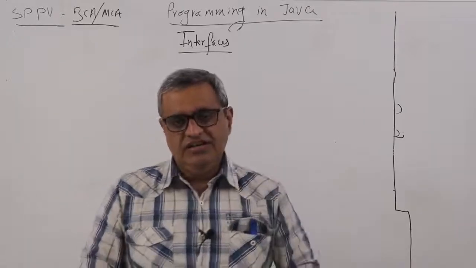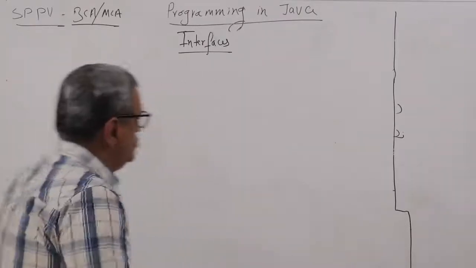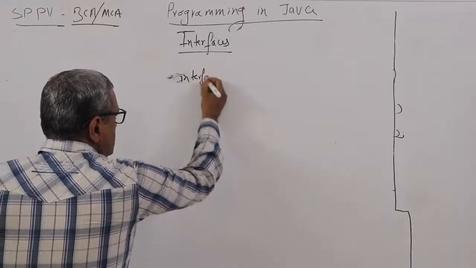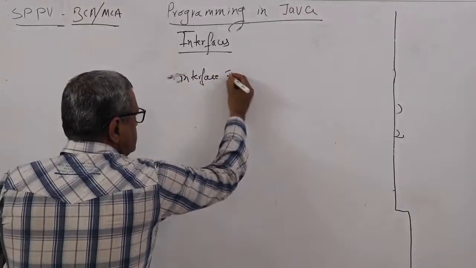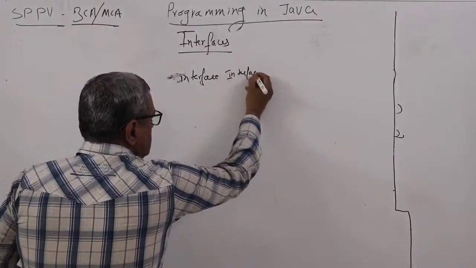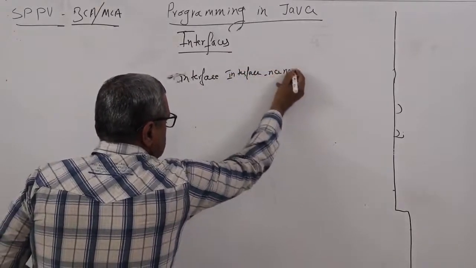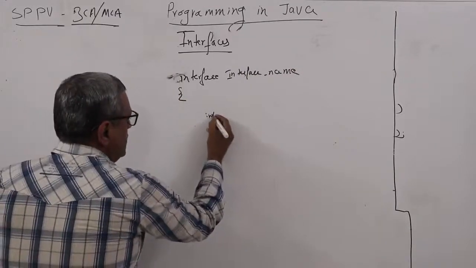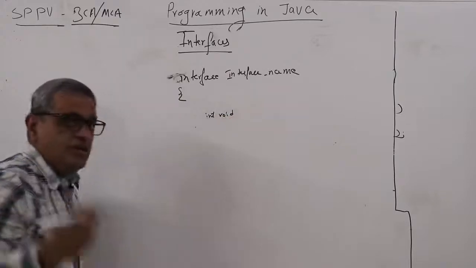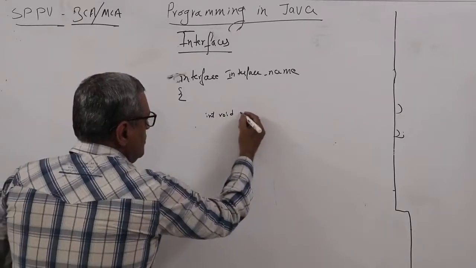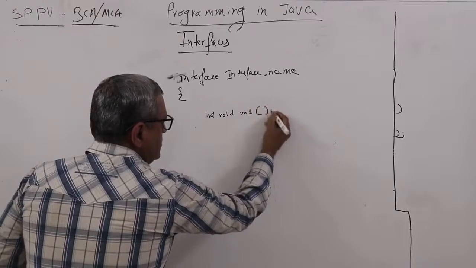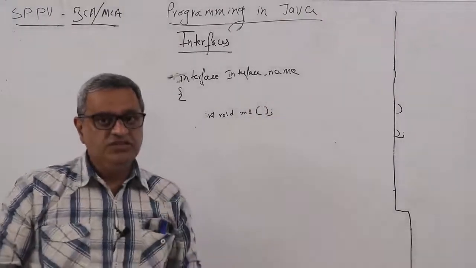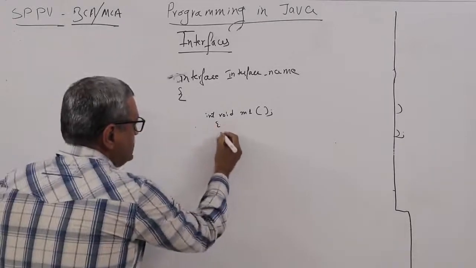Interfaces are just like classes. So you can actually create an interface, with an interface name, and then it begins. You can have methods in an interface, like int or void m1, but remember the instance methods which are in interfaces are actually abstract.